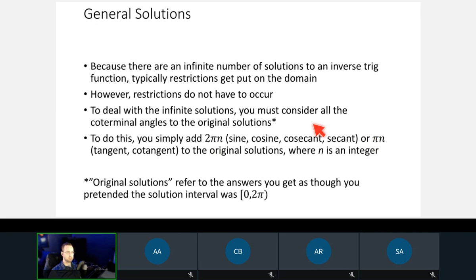And n is an integer. Remember, integers are plus or minus values, including 0. So this just takes into account all your coterminal angles, whether you're going forward or backwards. n could be 1, n could be 2, n could be 3.